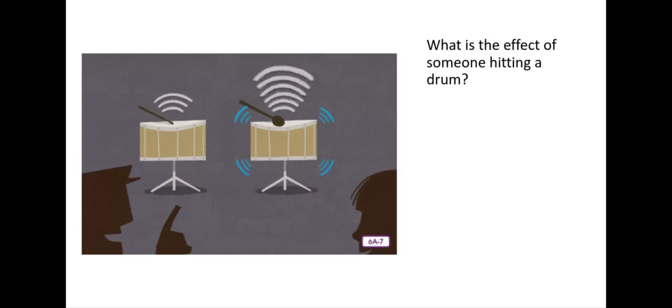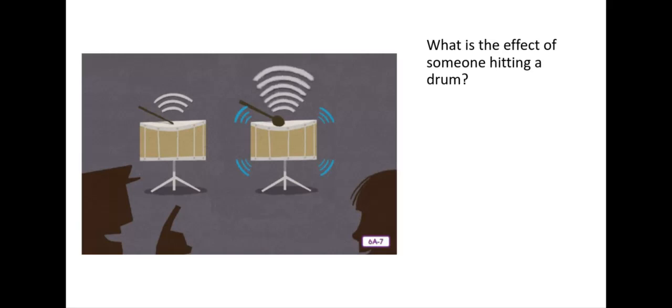Look at this illustration. What is the effect of someone hitting a drum? What happens when someone hits a drum? The cause is someone hitting the drum. What is the effect? Well, someone, depending on their intensity, is going to hit the drum and it's going to vibrate, right?